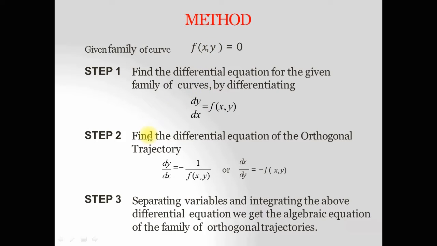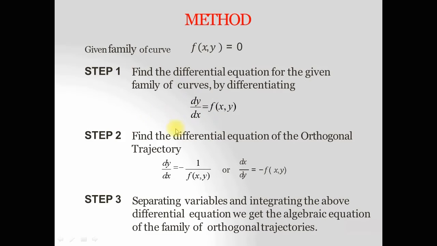Now in the second step, find the differential equation of the orthogonal trajectory. This is required to find an equation of the orthogonal trajectory for this family of curves. When we have a given family of curves, first of all differentiate the given equation, and this differentiation gives us the slope of the first family of curves.